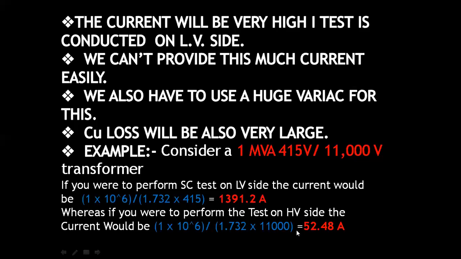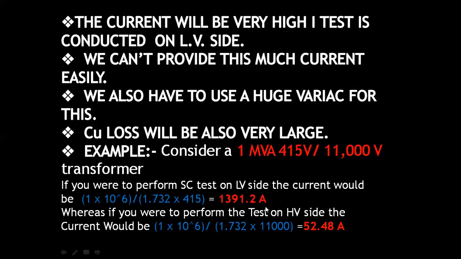that is 52.48 ampere. If the test is performed on the high voltage side, it is clear that this current of 52.48 ampere can be withstood by all the instruments that we use in the circuit.